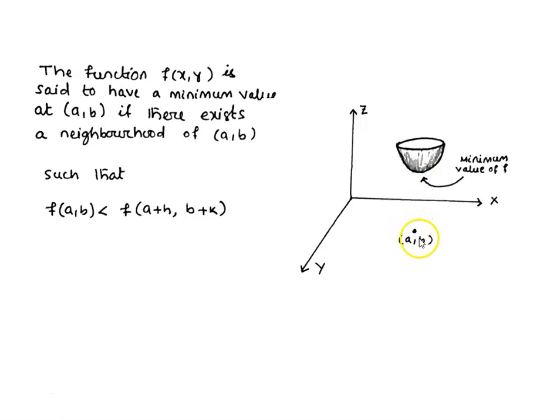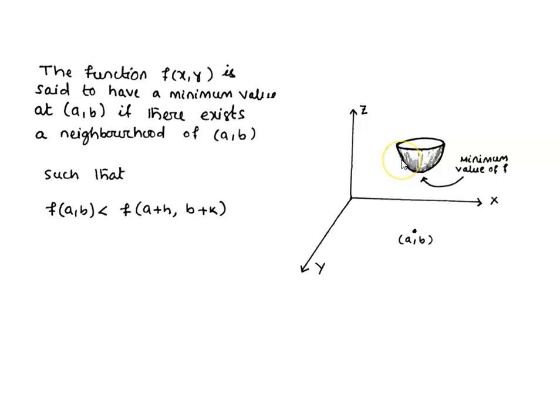So here we have (a,b) and the value of the function at this point (a,b) is always less than the value of the function at its neighboring points. If we take a neighborhood point here, (a+h, b+k), then the value of the function at this point is here on the surface.